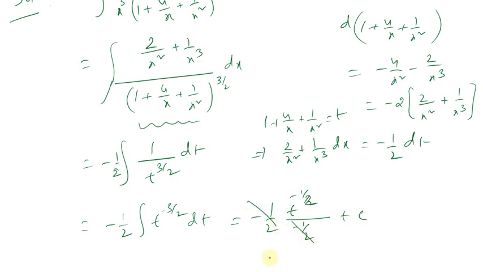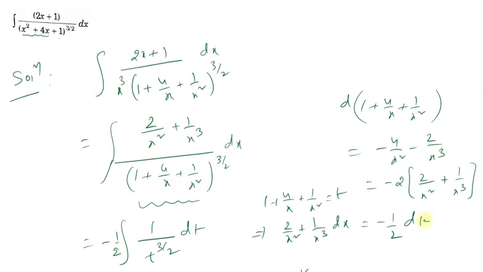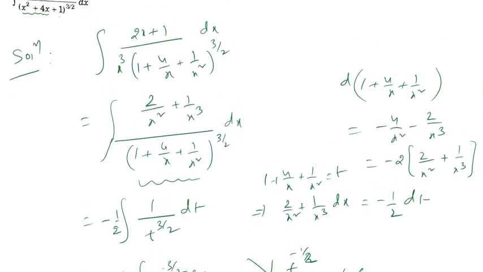The minus 1/2 and minus 1/2 get cancelled, so you are getting 1/(root 2)... 1/sqrt(t) + c. So this will be the final answer: 1/sqrt(1 + 4/x + 1/x^2) + c. So this is the final solution for this question.